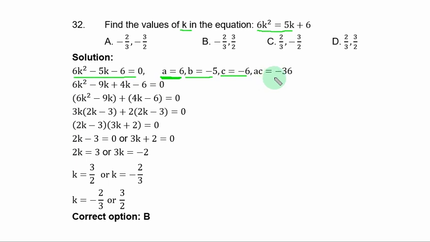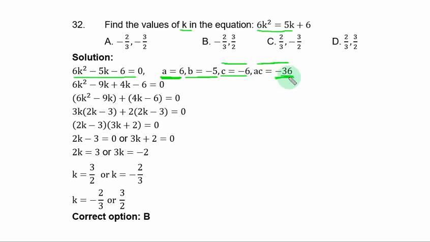AC becomes -36. By this, your attention has shifted from this term to this term. To factorize, you get 2 factors of 36 whose sum is -5 and the product is -36.